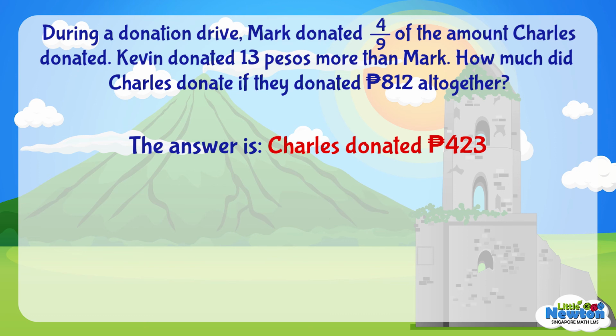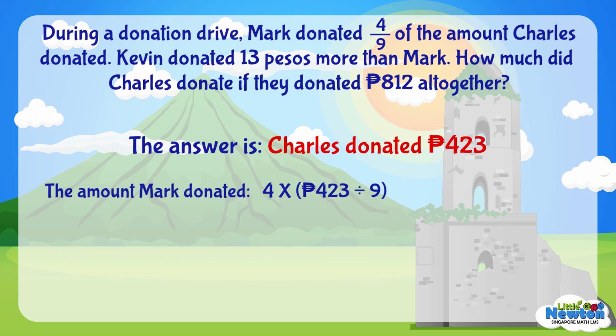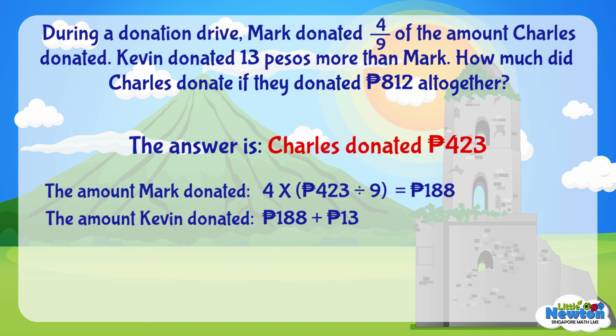Since Mark donated 4/9 of the amount Charles donated, the amount donated by Mark is equal to 423 pesos divided by 9, then multiplied by 4 equals 188 pesos. Kevin donated 13 pesos more than Mark, which is equal to 188 pesos plus 13 pesos equals 201 pesos.